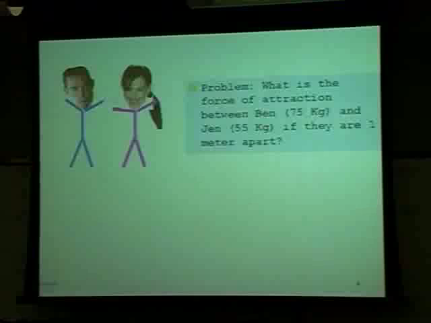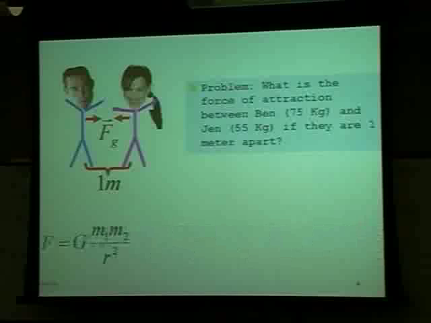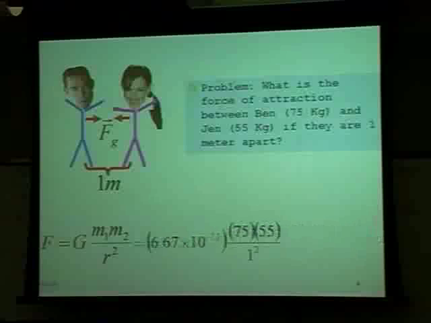If they are 1 meter apart, if we were to calculate this, we have our G constant, 6.67 times 10 to the minus 11. Ben is 75 kilograms. Jen is 55 kilograms. They're 1 meter apart.